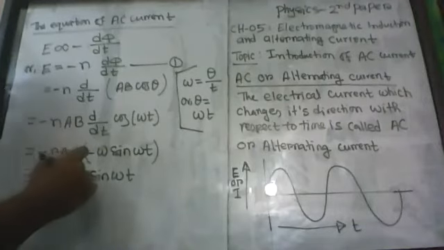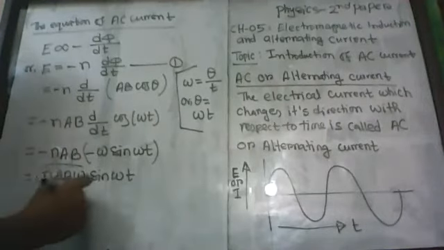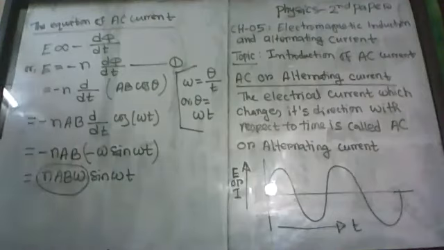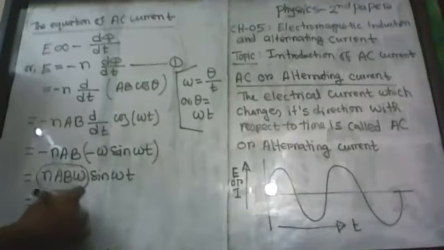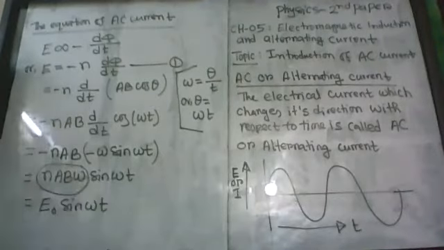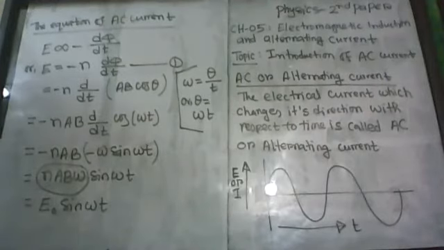You know that, boys and girls, this n a b omega is a completely constant function, and this constant is known as E naught. So E equals E naught sine omega t. This is the equation of AC electromotive force.